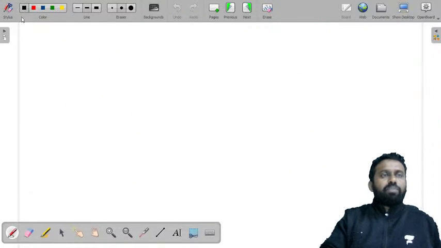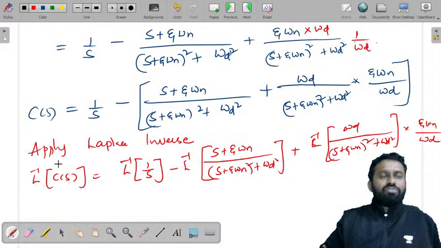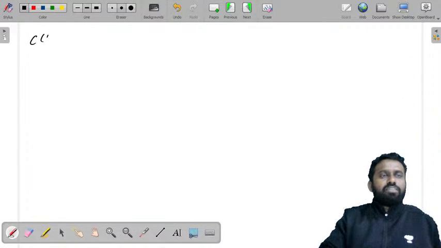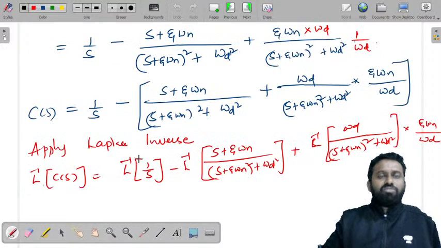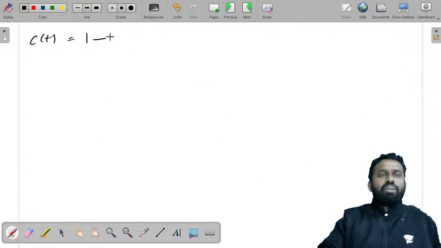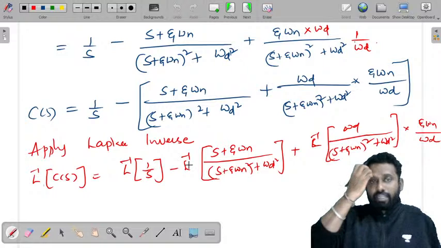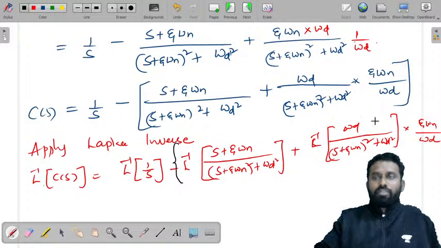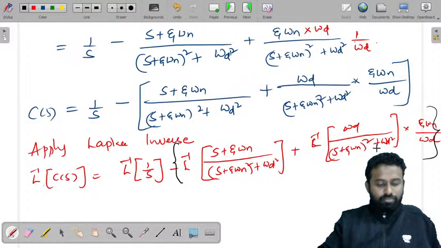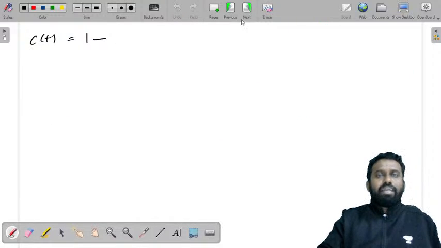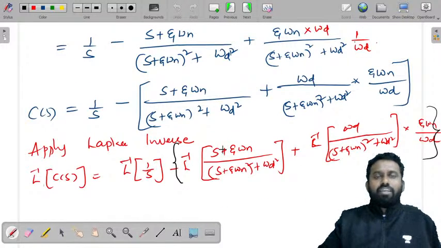Now just try to write the Laplace inverse. What is the Laplace inverse of C of s? It is c of t. What is the Laplace inverse of 1 by s? It is 1, minus common actually. Now 1 minus, what do you have to write here? Laplace inverse of (s plus zeta omega n) by (s plus zeta omega n) whole square plus omega d square.